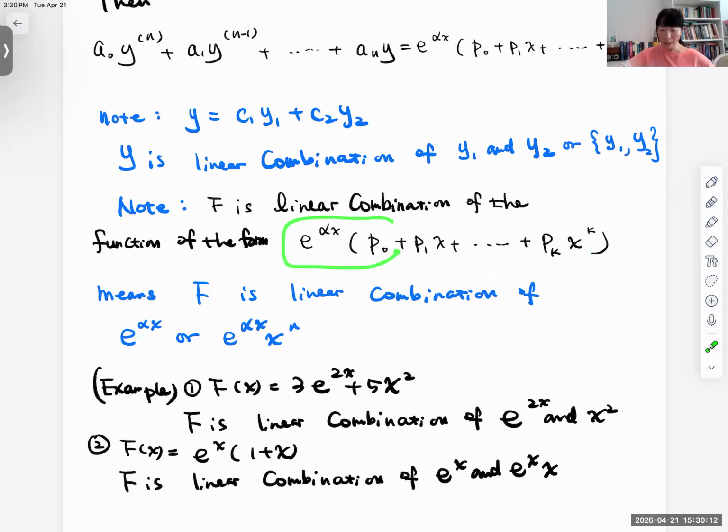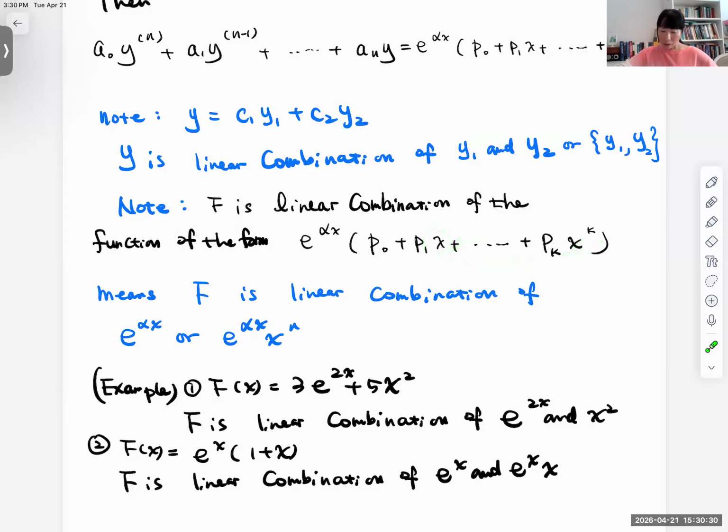The first term has only e to the alpha x, and the second term has x, and so on. Every term has e to the alpha x and then a power of x, up to x to the k power at the end.